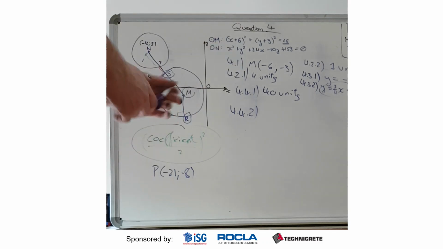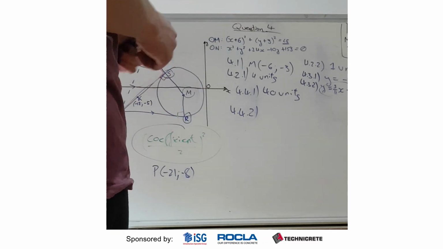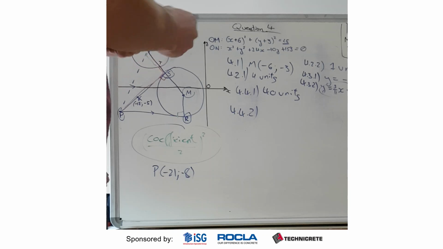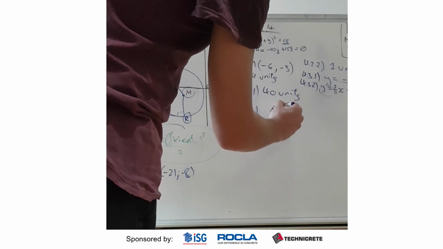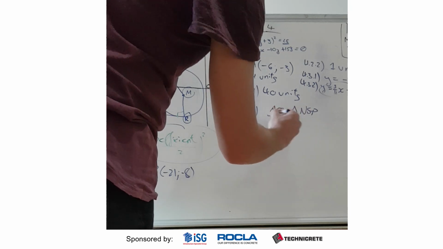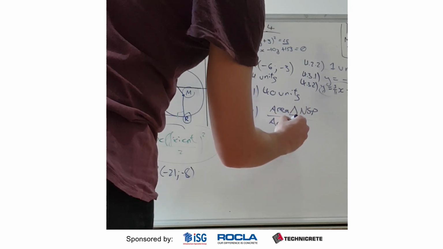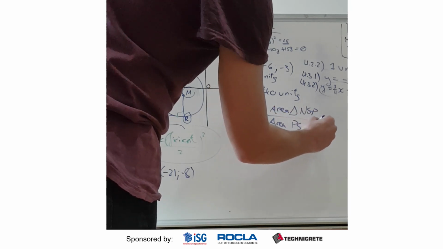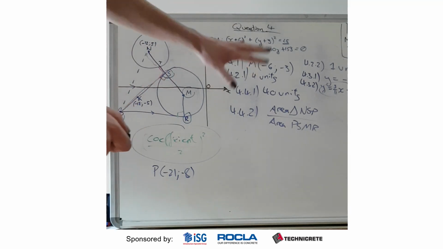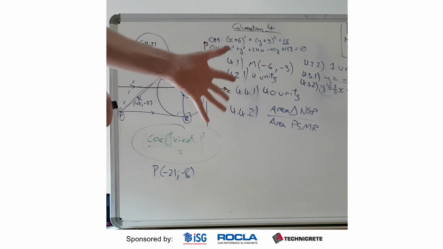Now the beauty of question 4.4.2, which asks us to find the ratio between this triangle, NSP, and the quad we've just been looking at, PSMR. NSP over... The beauty of it is, because of all the maths we've done to get to this question, this becomes immensely easy.